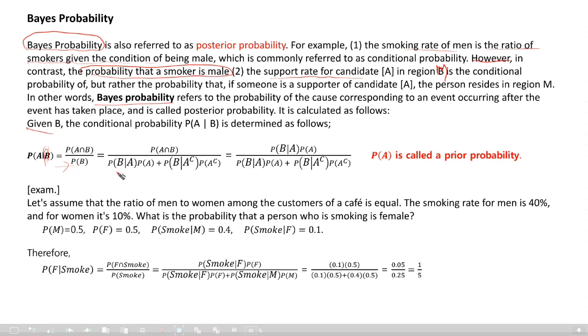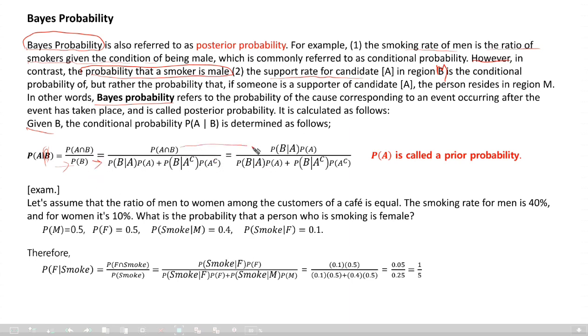The denominator is spread out like this: probability B given A times probability A, plus probability B given A complement, you know complement, times probability A complement. Okay? Denominator, like this.